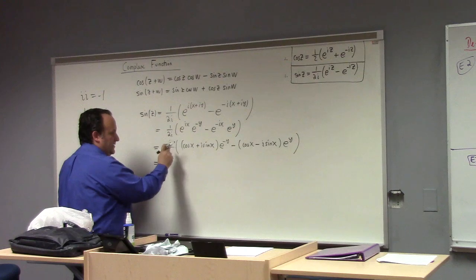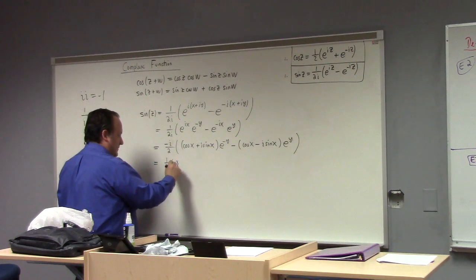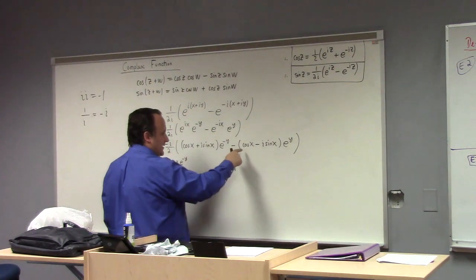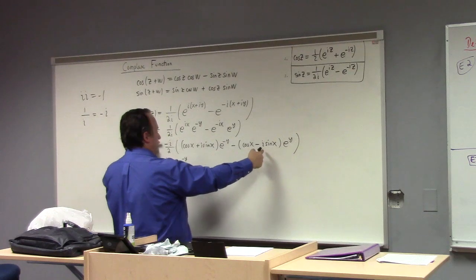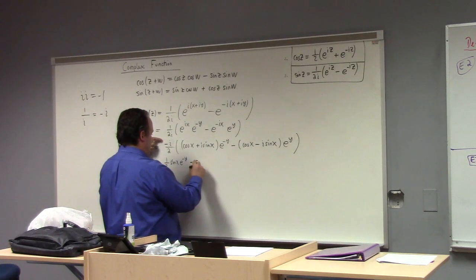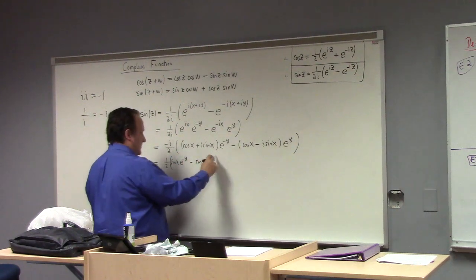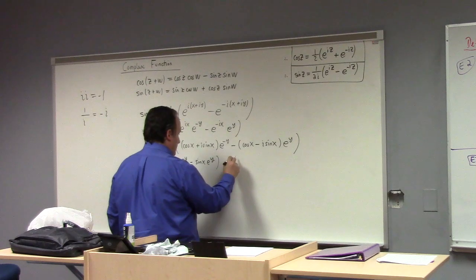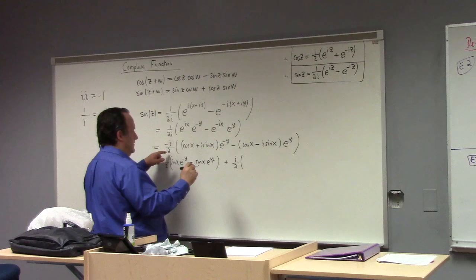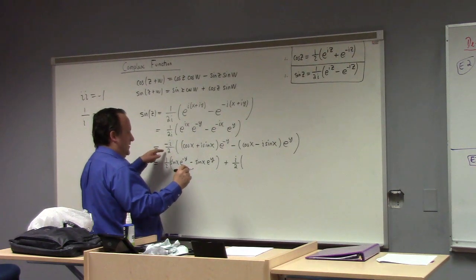So I get 1/2 sine x e to the minus y, and also a minus sine x e to the y, all the half there, and then plus i over 2. I'm going to put a plus out there just to make it confusing, because I'm trying to confuse the students, right? That's my goal.